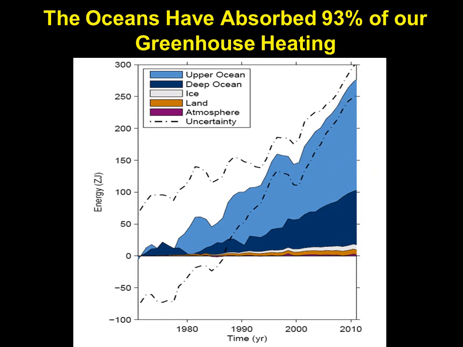So there is a rising amount that is, not surprisingly, going into the deeper ocean. And periods of time when that happens more efficiently are also times when the rate of increase of global temperatures has been slowing, as we saw in an earlier show. Only down here at the bottom can you see how much has gone into the land and the atmosphere, and it's tiny by comparison.